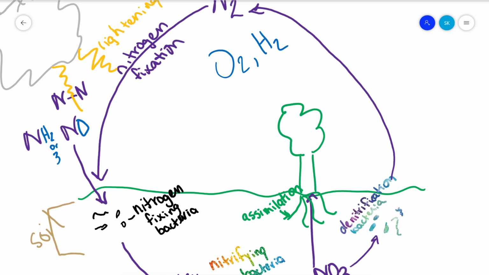Okay. Now, the other way we can get nitrogen in the soil is, y'all always love all my animal drawings. So here's an animal. And then our plants, these guys die.